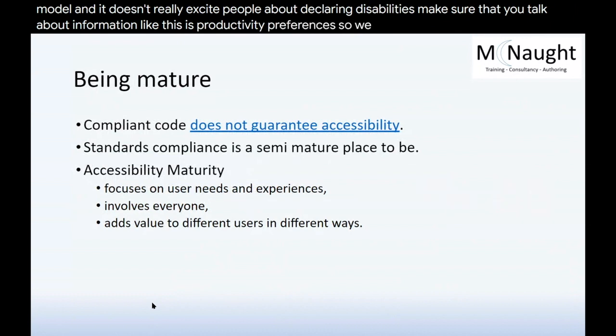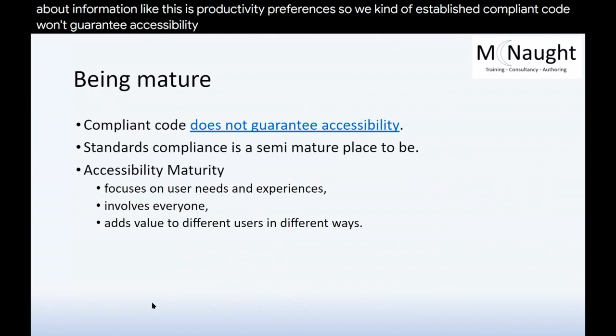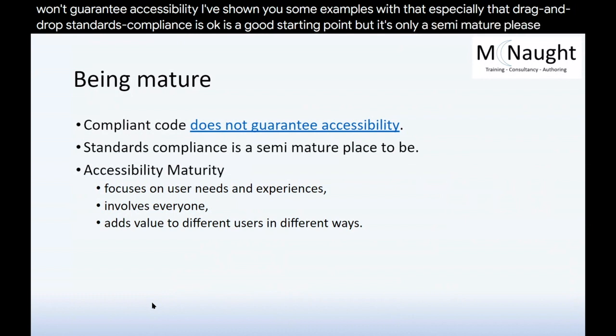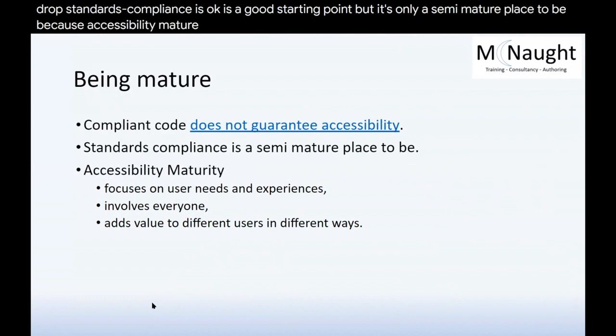So we've established compliant code won't guarantee accessibility. I've shown you some examples with that, especially that drag and drop. Standards compliance is okay. It's a good starting point, but it's only a semi-mature place to be, because accessibility maturity involves everyone. It's not just your e-learning folk, your VLE folk, your web manager.